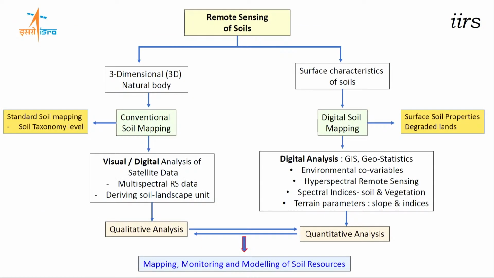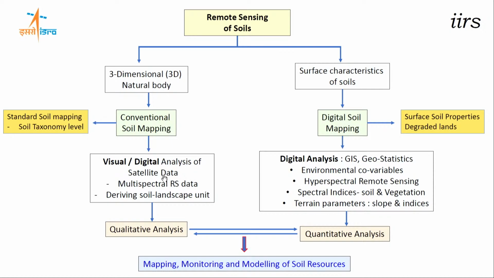If we see the remote sensing of soils, here I am going to talk regarding standard soil mapping, that is up to soil taxonomy level, which we call conventional soil mapping.